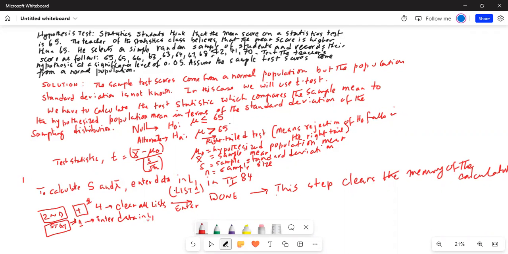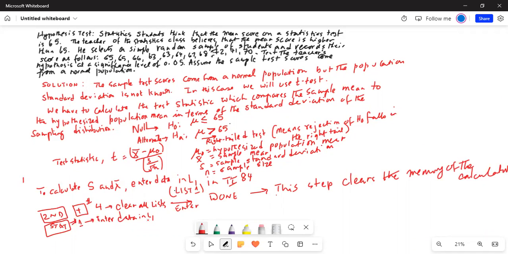We are going to enter the sample data, which is 65, then 65, then 66, then 63, then 63, then 64, then 67, and then 68, then 72, then 71, and then 70. Okay, so we have entered data in L1.